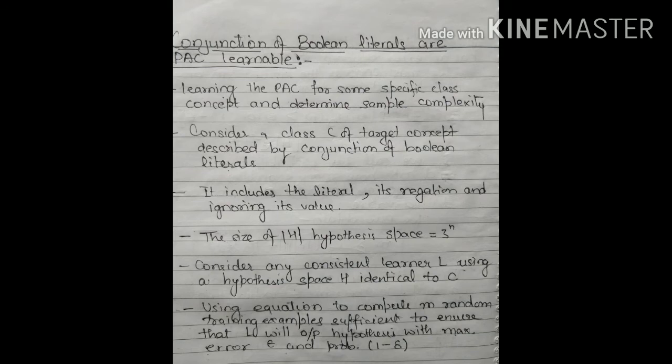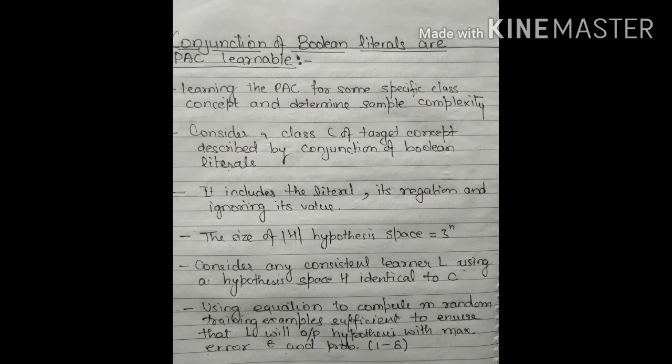Basically we know that whenever we classify a target concept class C, and that class is described by the conjunction of Boolean literals, it includes the literals, its negation, and ignoring its value. By this way, the size of the hypothesis space is equal to 3 to the power n.